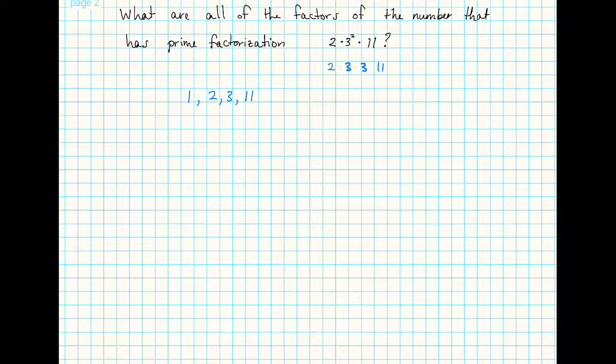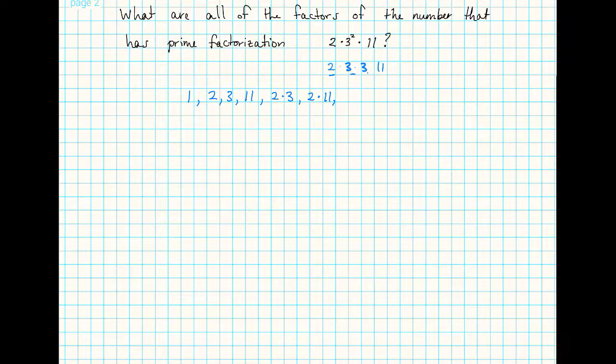So then we can start basically making combinations. So 2 times 3, and 2 times 11. So that's basically multiplying 2 times any one of these.